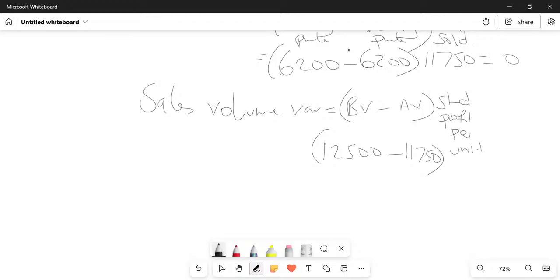It's also given there: the standard profit, or the surplus, is 8,850,000, divided by how many units? 12,500. You can as well compute it; you'll get the same because they have already given me the total profit in the budget. I just need to divide to get the profit per unit.